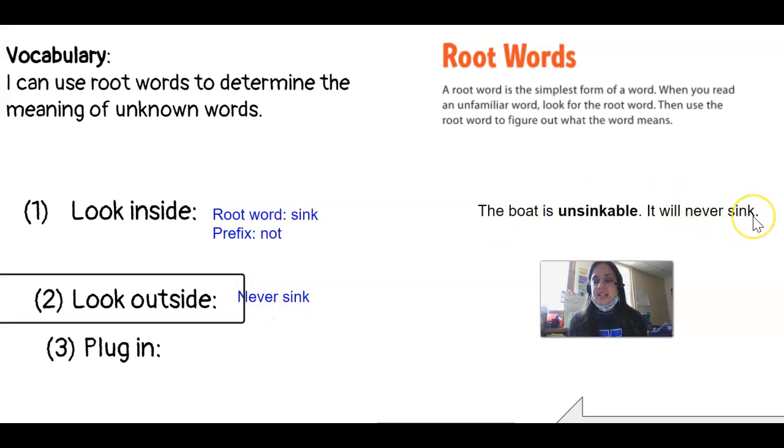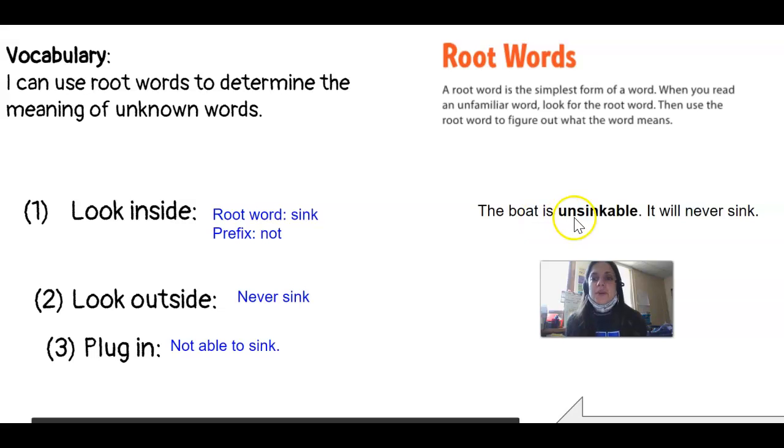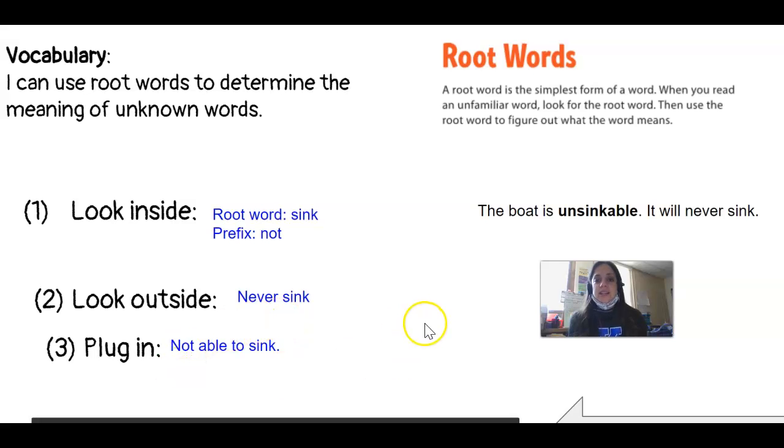It will never sink. And now we plug in. Not able to sink. The boat is not able to sink. It will never sink. And that sounds right. It makes sense. So we just determined the meaning of this tricky word by looking for the root word, looking inside, looking outside, and plugging in.